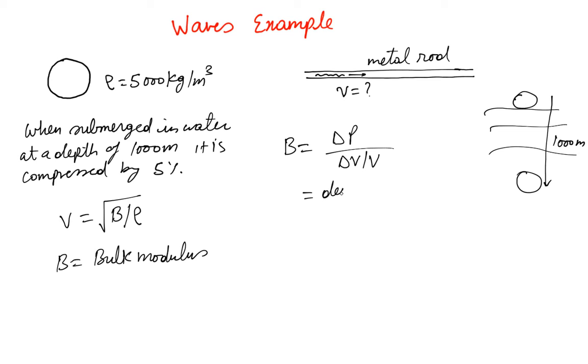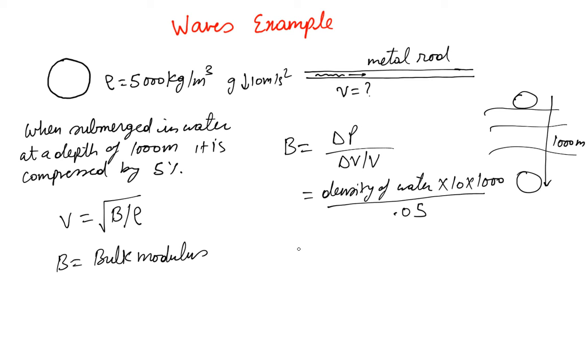So it's going to be density of water multiplied by g. Let's take g to be 10, times the h, or the height, or the depth, whatever you want to call it, 1000, divided by the delta V over V. Now we know that it's 5%, so it's 0.05.